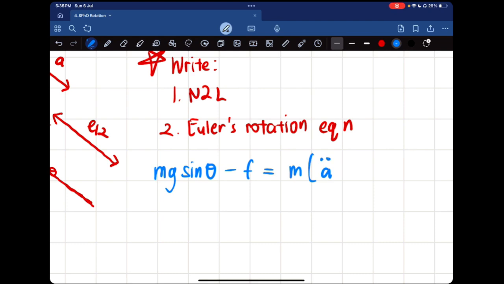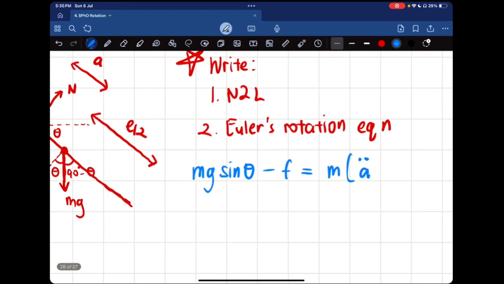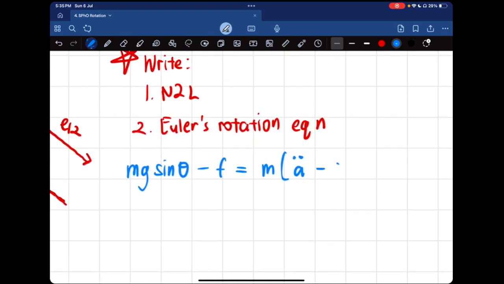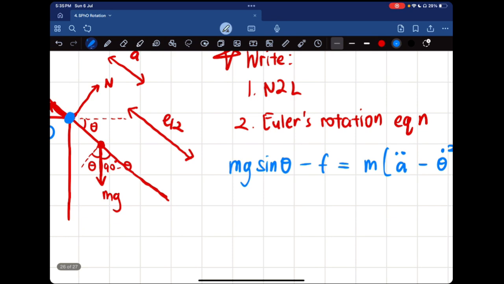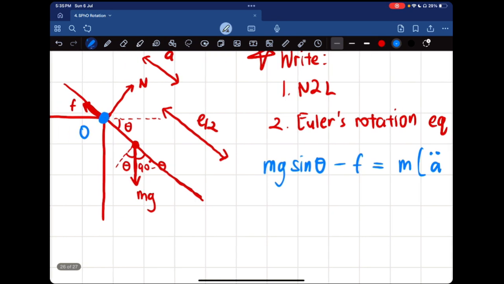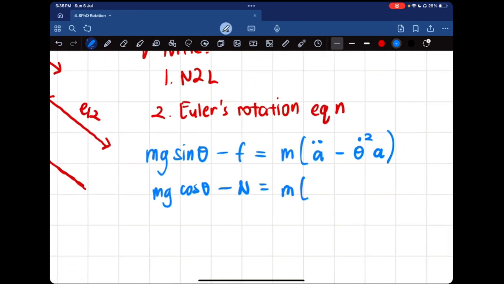The notation is a bit bad, but a is like your r in this case, minus theta dot squared a. And for your tangential direction, you have mg cosine theta minus N equals m a theta double dot plus 2 a dot theta dot.